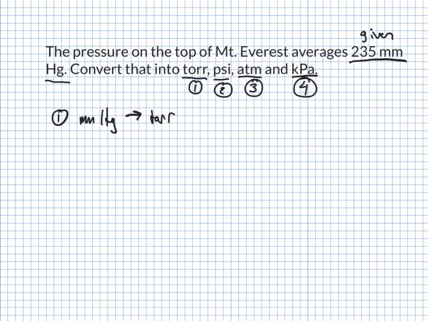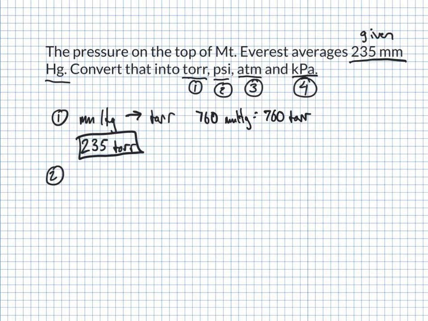Well, guess what? That is the easiest thing to do, because 760 millimeters of mercury equals 760 torr. So I'm just going to rewrite my answer and say 235 torr. Done. Okay, the second problem.